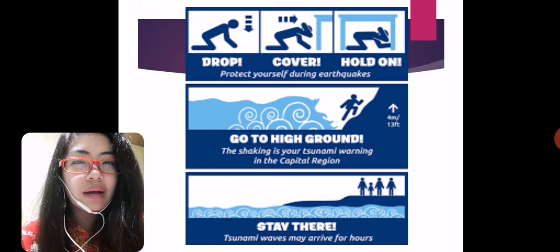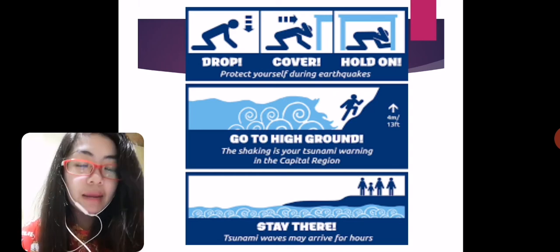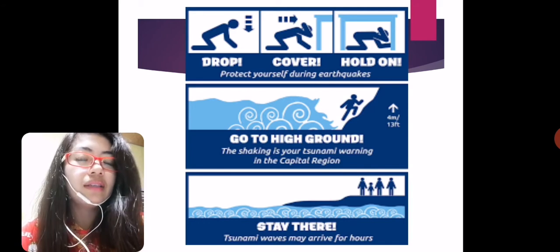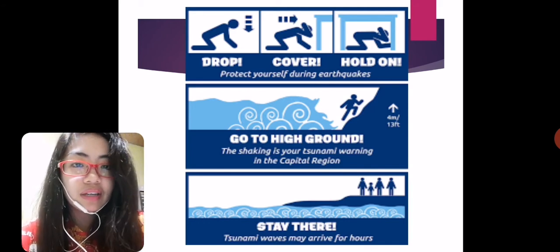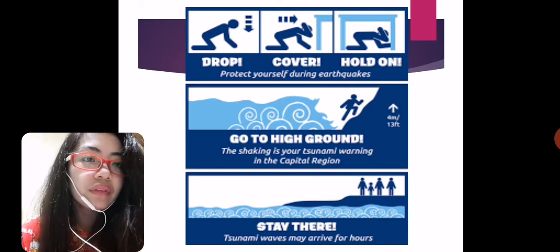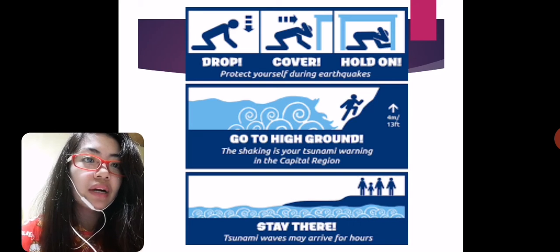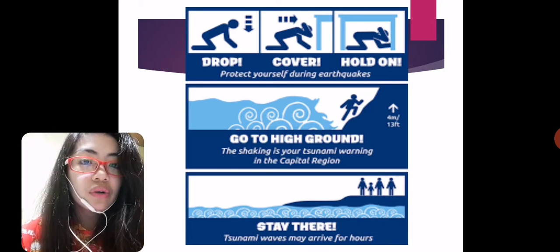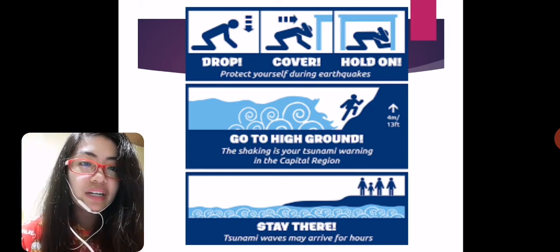If you are near the seashore, which we really are because we are living here in Rosario, go to high ground. The shaking is your tsunami warning in the capital region. So let us go to a high area. Our municipality will also give a warning.